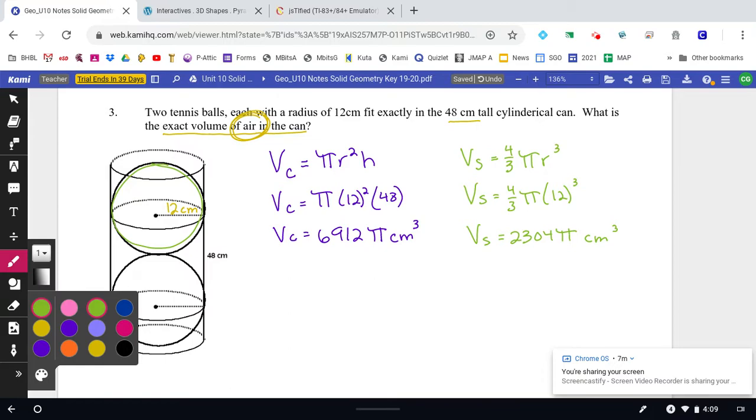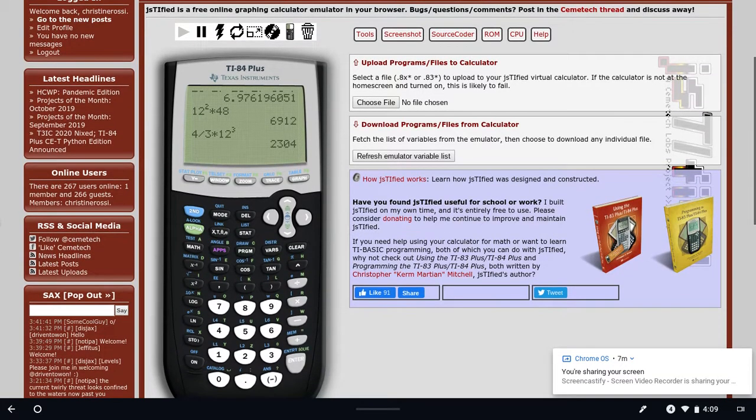Now if I want the volume of the air, I'm going to take the volume of the whole can and take away my 2 tennis balls. So the volume of my cylinder minus my 2 tennis balls.